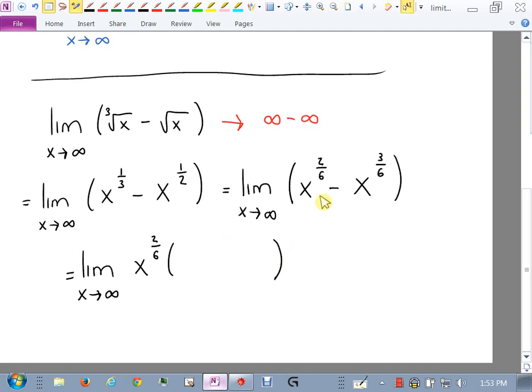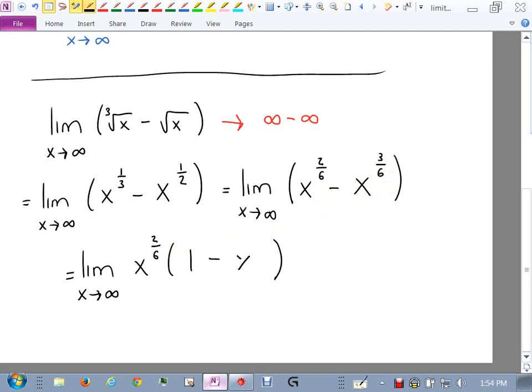Notice I pulled the smaller of the two fractions out. 2/6 is smaller than 3/6. How would I get these two terms back? What do I multiply x to the 2/6 by to get back x to the 2/6? 1. Okay. Minus, what do I multiply x to the 2/6 by to get x to the 3/6?